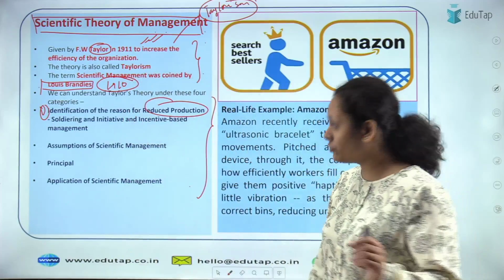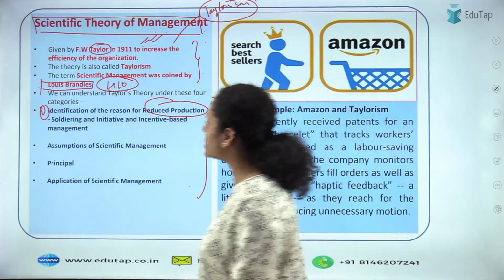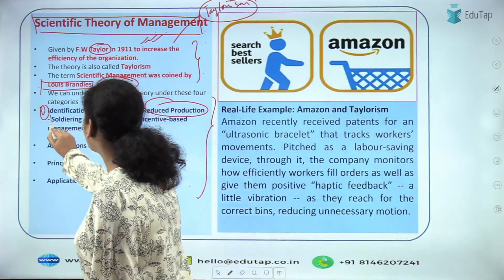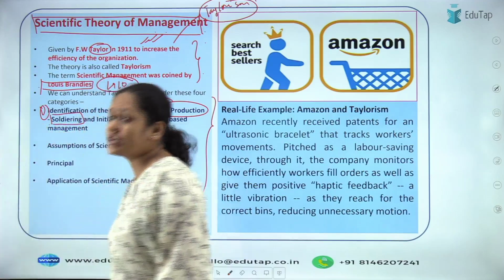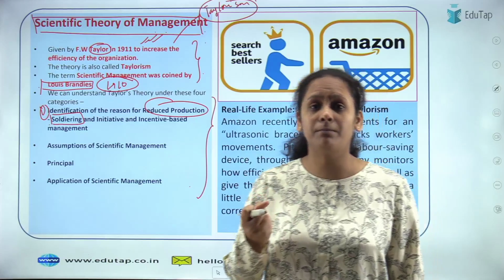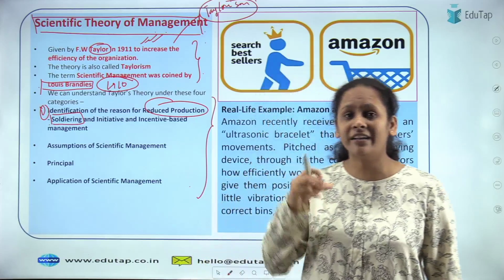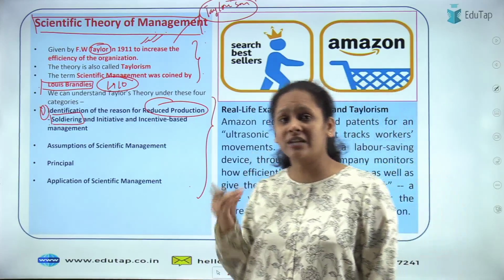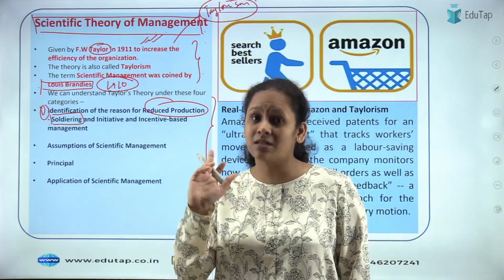What were those two reasons? The first reason was soldiering. Now, when I say soldiering, what does soldiering mean? See, soldiering is nothing but the process wherein the employees restrict themselves from producing maximum output.